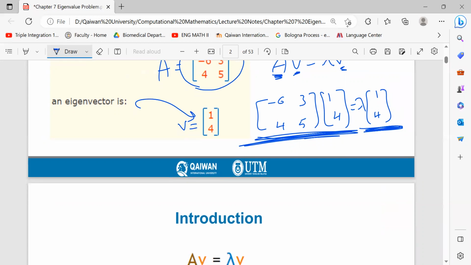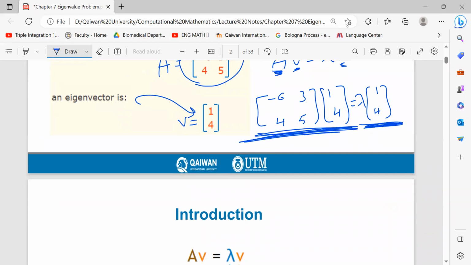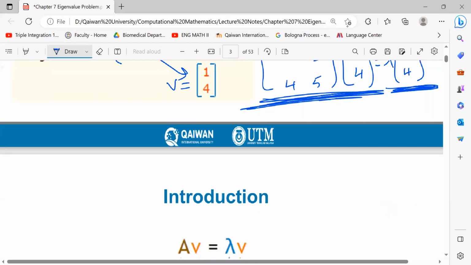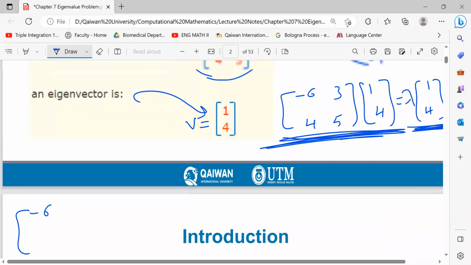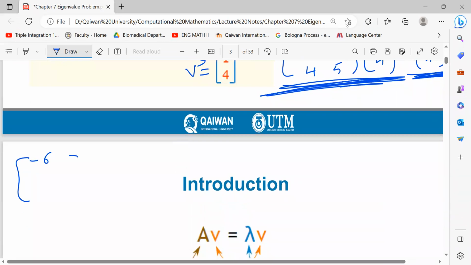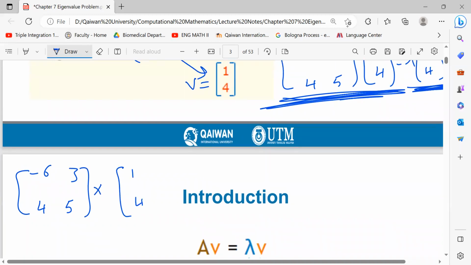Let's do this. Multiplying these two, we studied how to multiply two matrices. Our matrix A is -6, 3, 4, and 5. We multiply it by the eigenvector, 1 and 4.